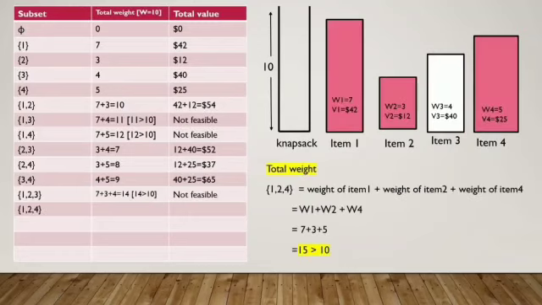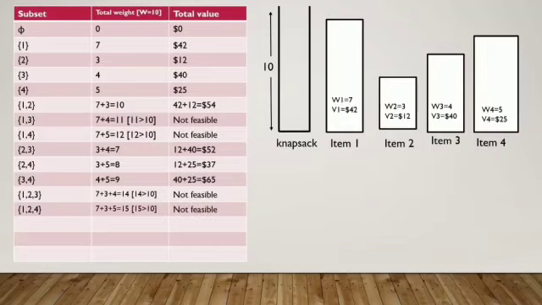Similarly, for 1, 2 and 4, the total weight is 15, so the value is not feasible. Proceeding this way, for 1, 3 and 4, since the total weight is 16, which exceeds 10, the value is not feasible. For 2, 3 and 4, the total weight is 12, so the value is not feasible.